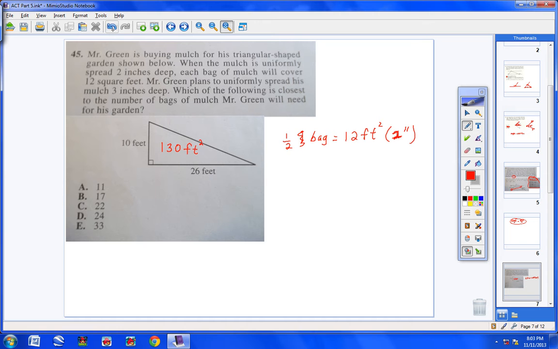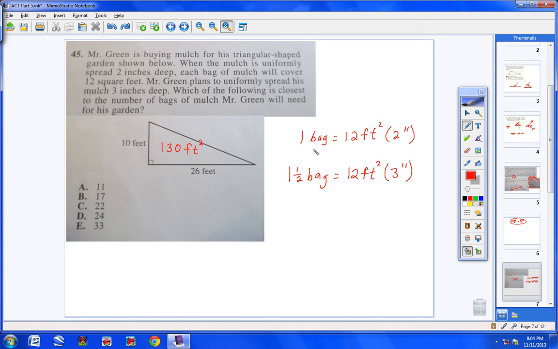So if one bag will cover 2 inches deep, then all I have to do is add a half a bag. 1.5 bags will still give me 12 square feet, but now it'll go how many inches deep? 3 inches. And that's what Mr. Green wants. He wants to spread his mulch 3 inches deep. Okay? So that makes sense.